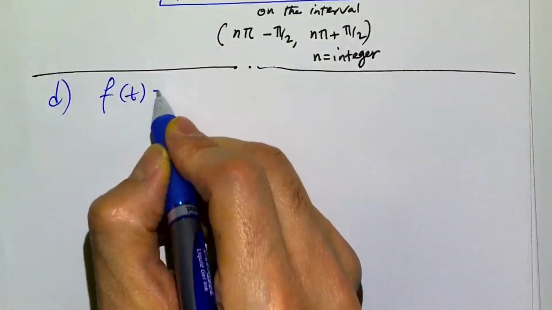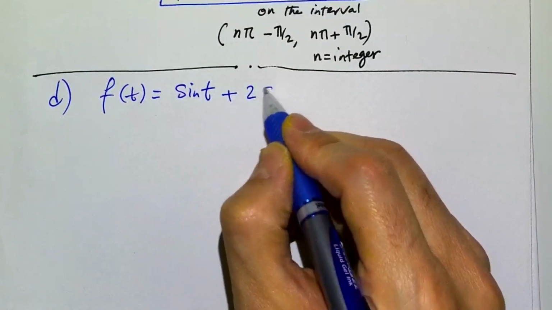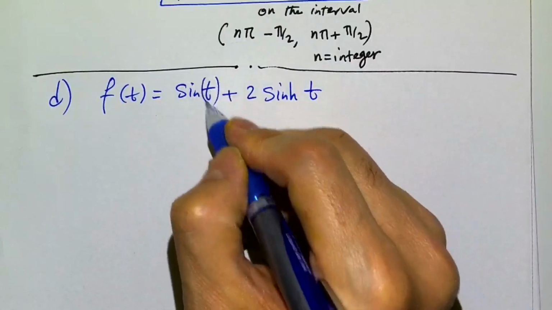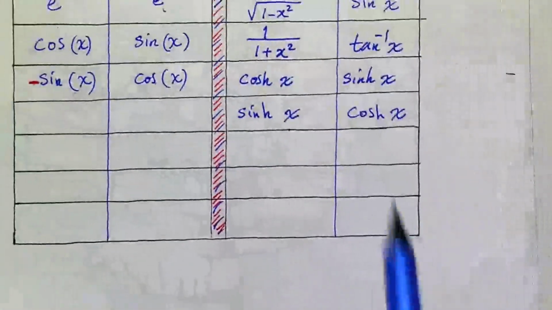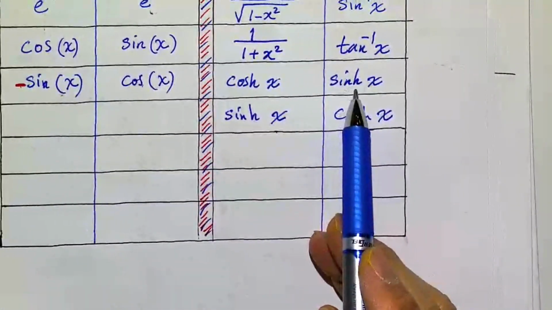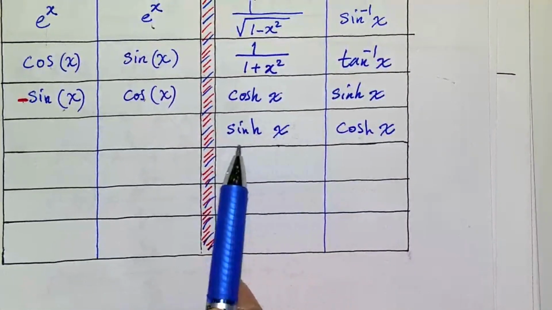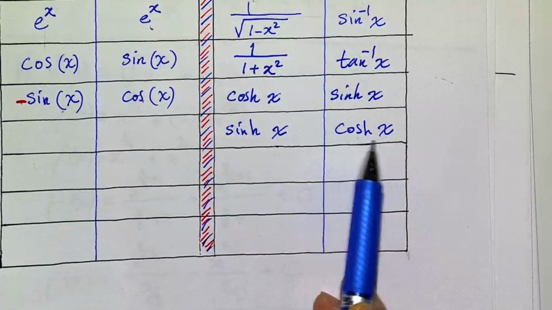Suppose we want to find the antiderivative of this function. This is sine of t and two times hyperbolic sine of t. Let me bring that table again. The hyperbolic sine has antiderivative hyperbolic cosine.